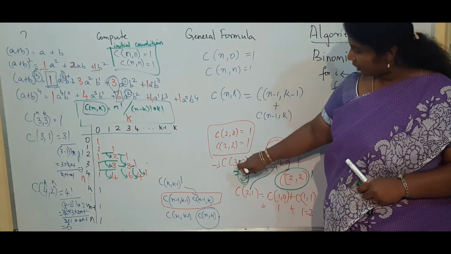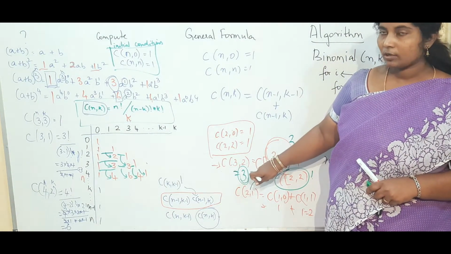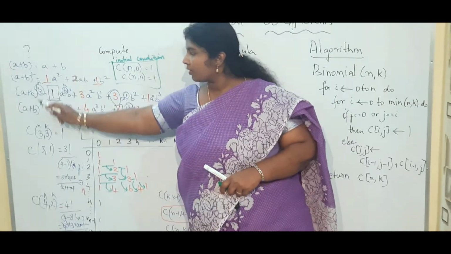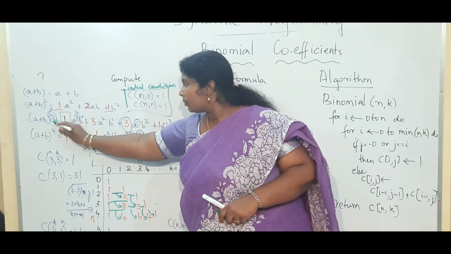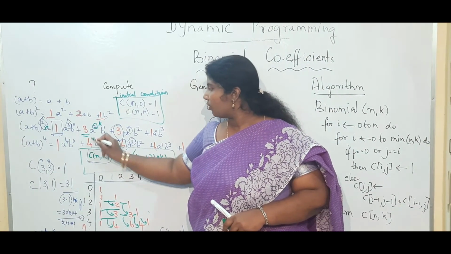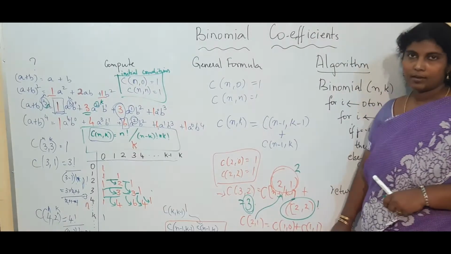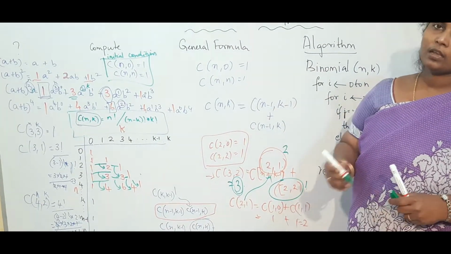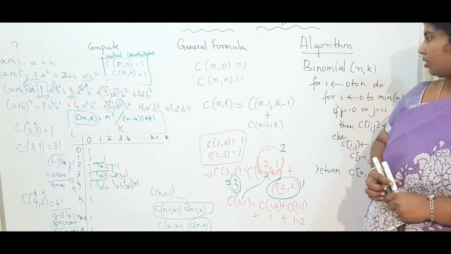What is n? It is 2, the coefficient power is 2, and our new k is 2. What is the coefficient factor? It is 3. This is how we solve one after the other recursively.